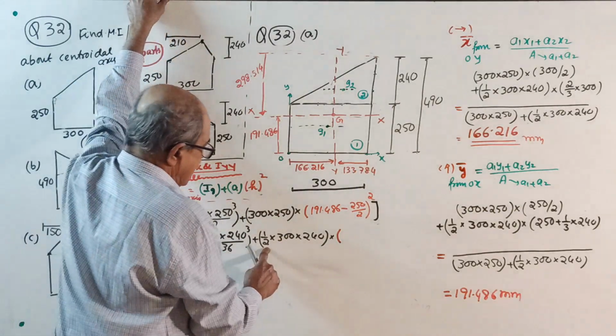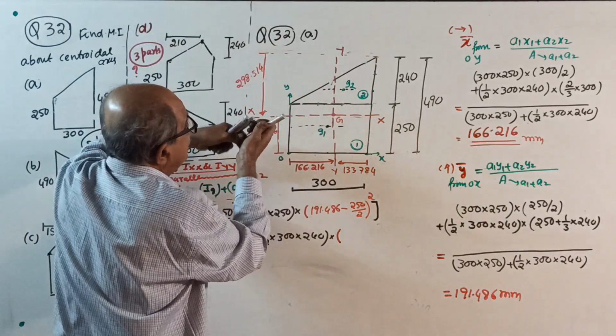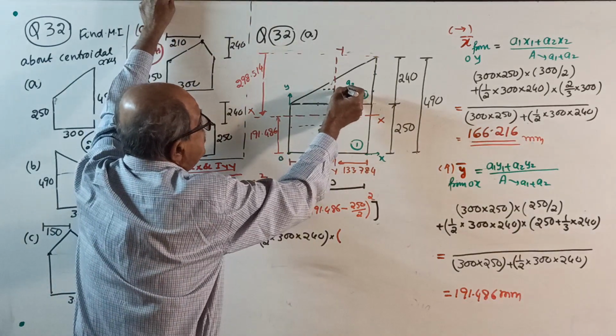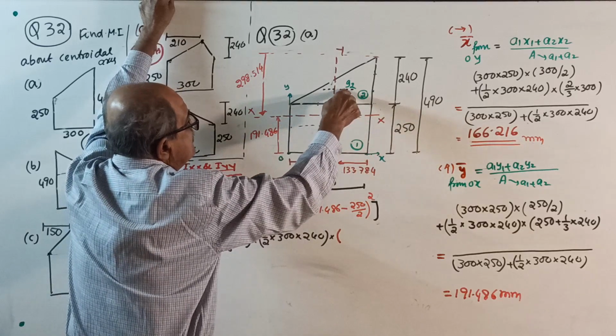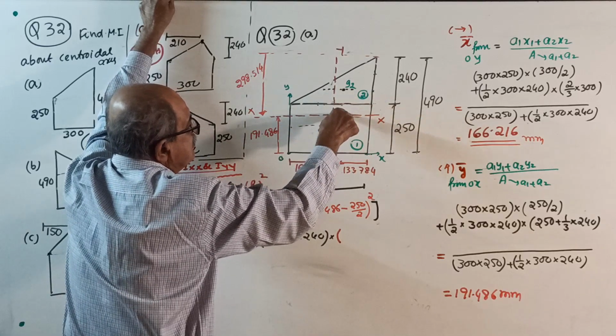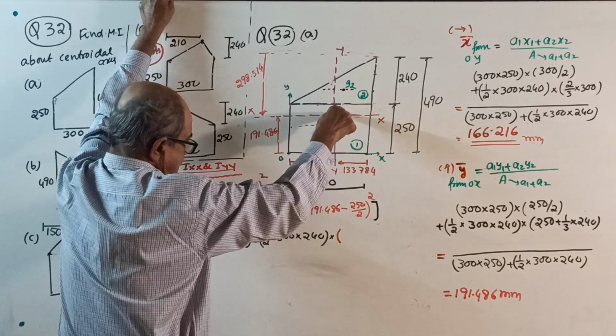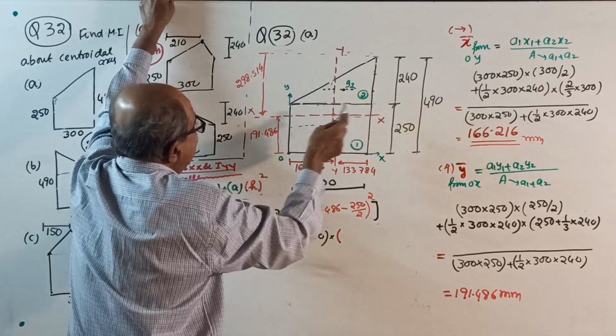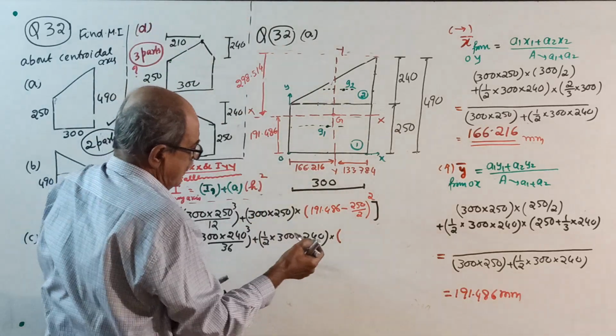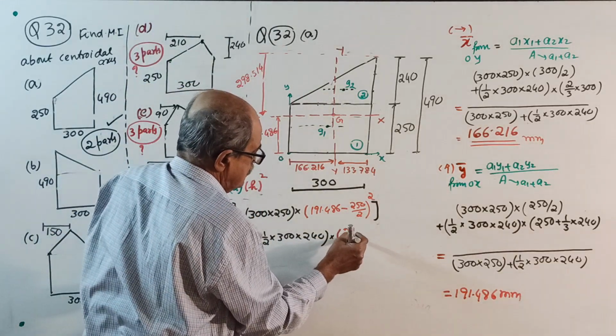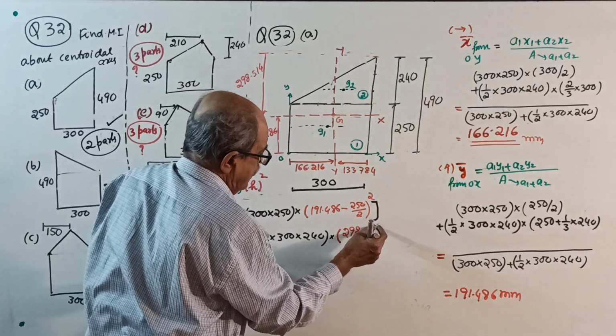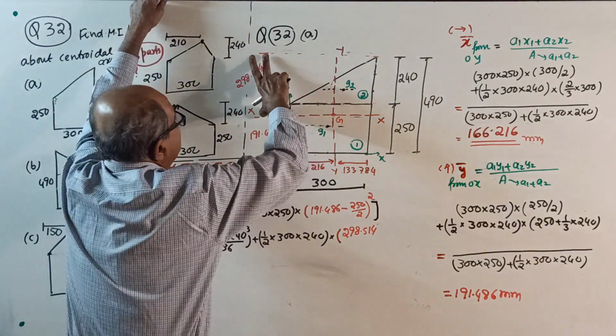Plus area, half into 300 into 240, into from centroid G2 to x-axis, this distance square. That distance is here 298.514. 298.514 is this distance.